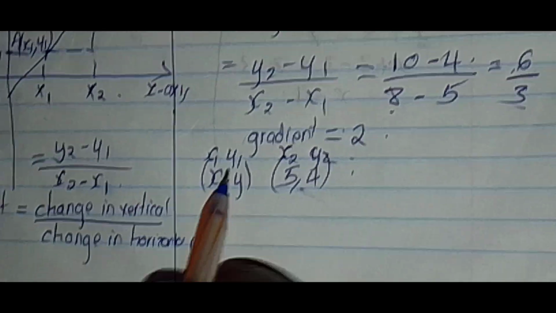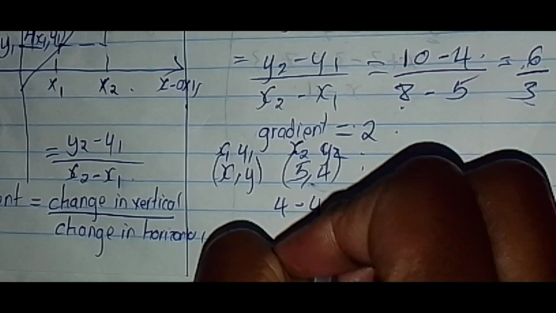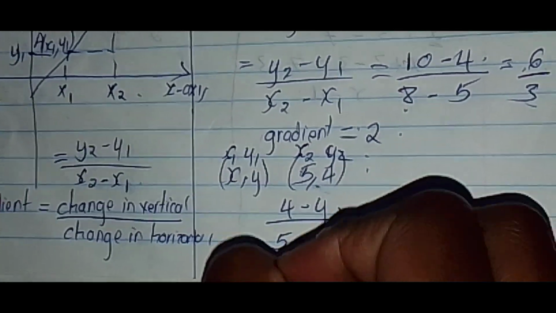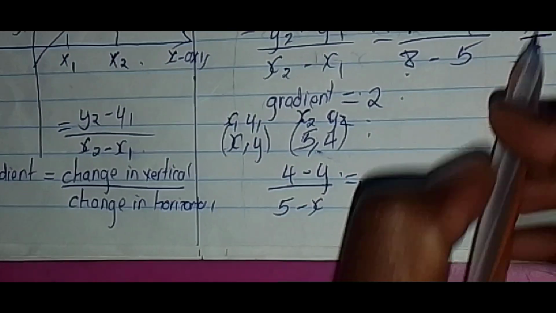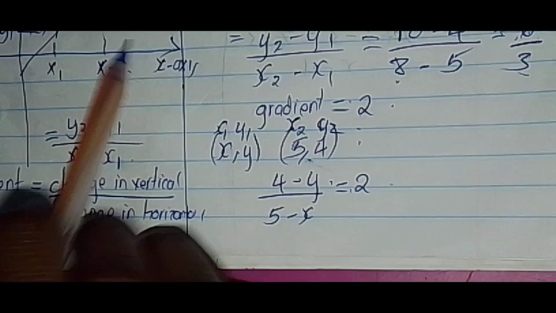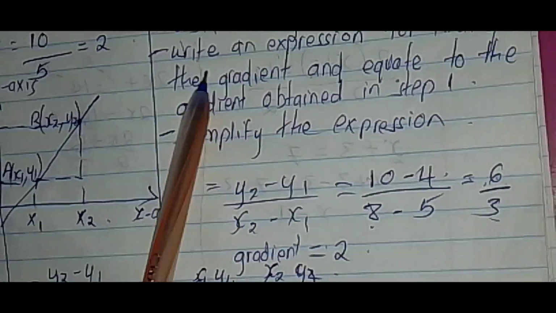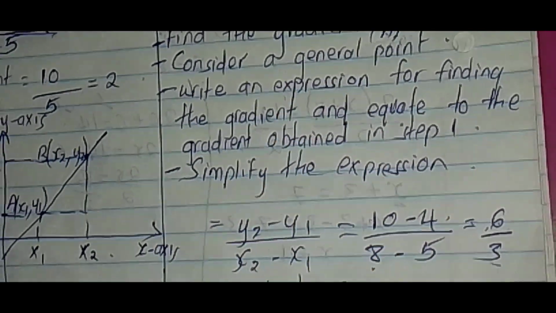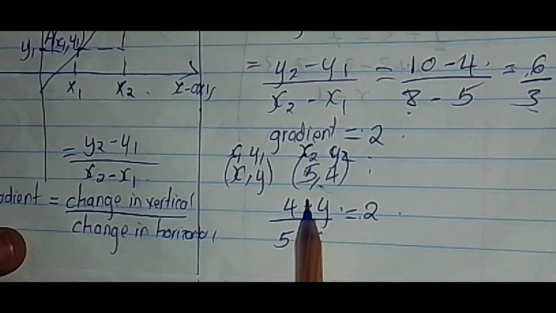So y2 minus y1 divided by x2 minus x1. Then we equate this to our gradient. Write an expression for finding the gradient and equate to the gradient obtained in step 1. This is what we have already done.